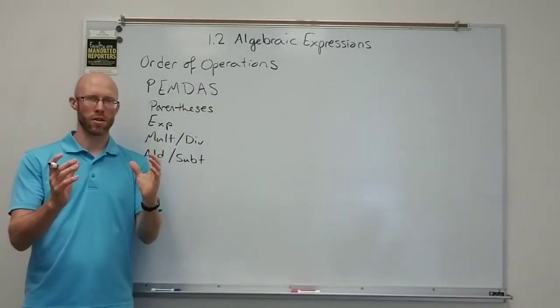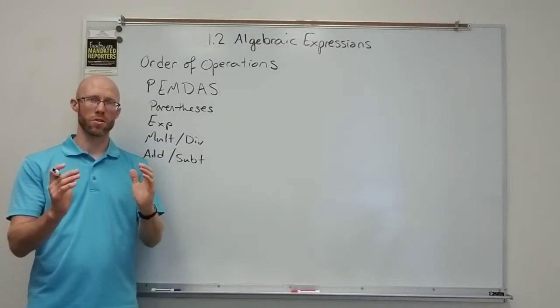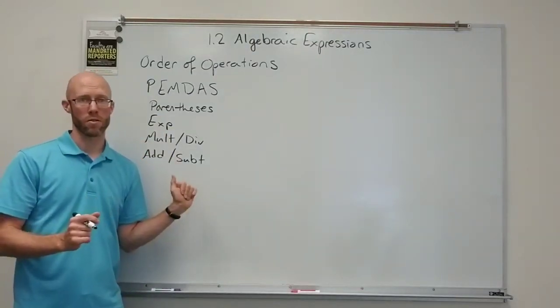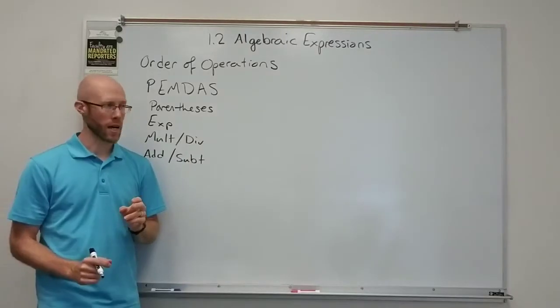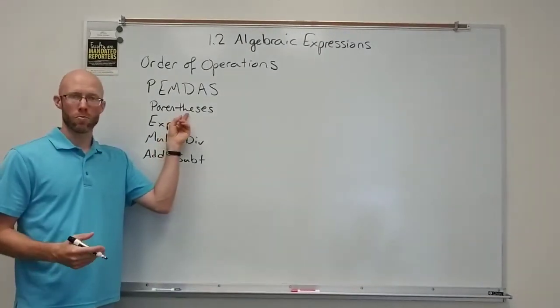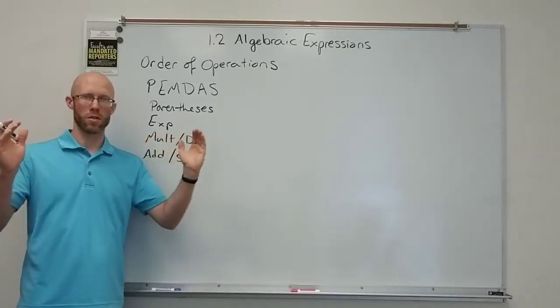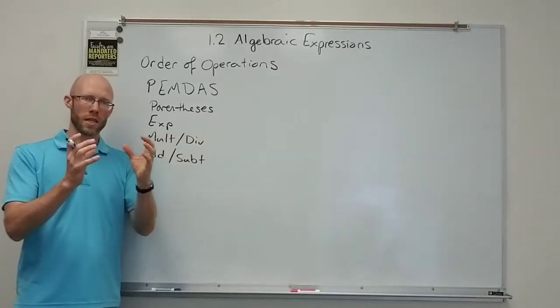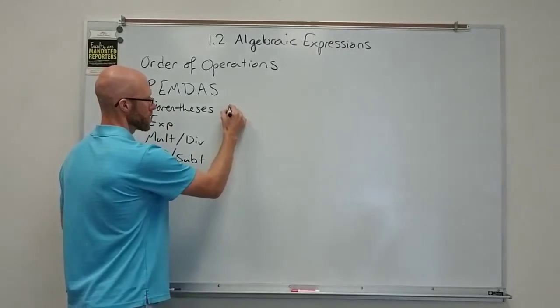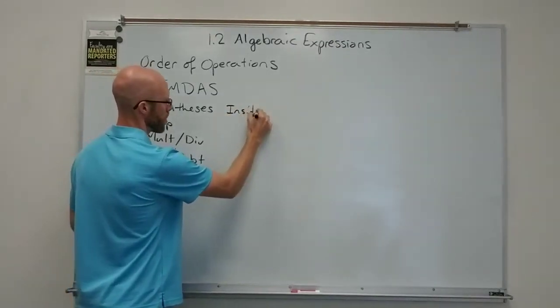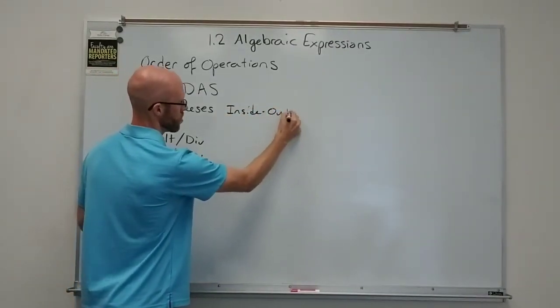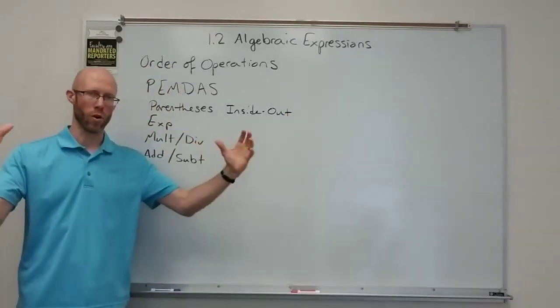Anything inside the parentheses is done first, and in the parentheses, you then follow the other order of operations. Now, a couple things to keep in mind. You always do the grouping symbols inside out. So if you have grouping symbols inside of grouping symbols, you always go from the inside out. Okay, so start inside, work your way out.